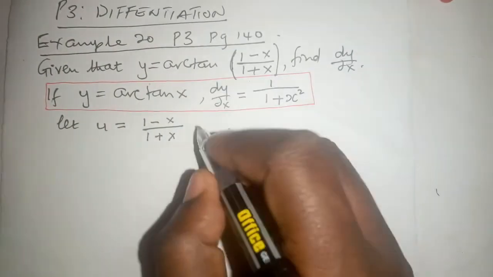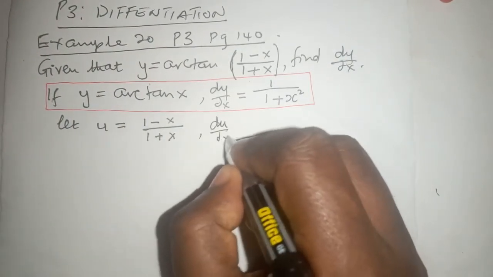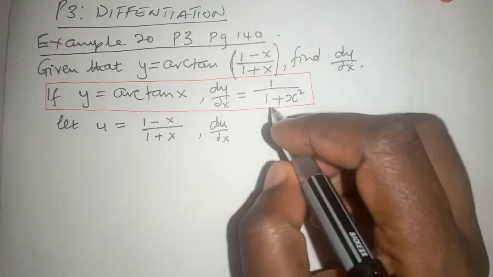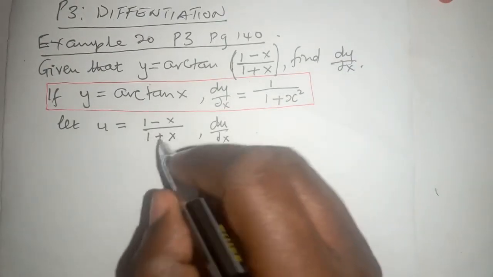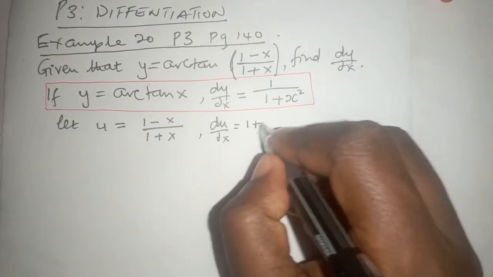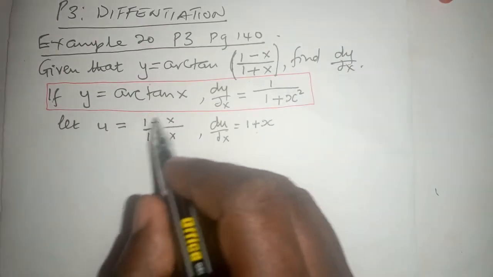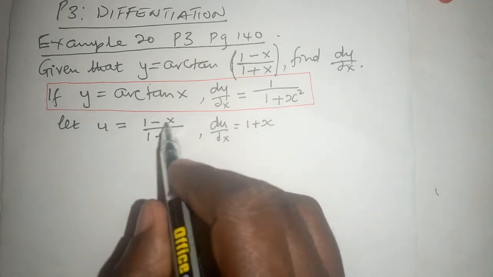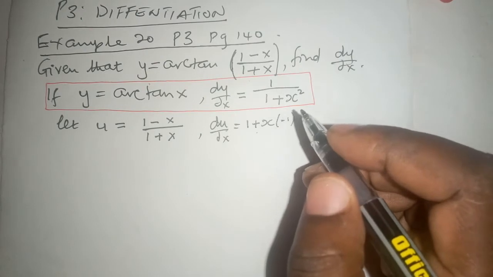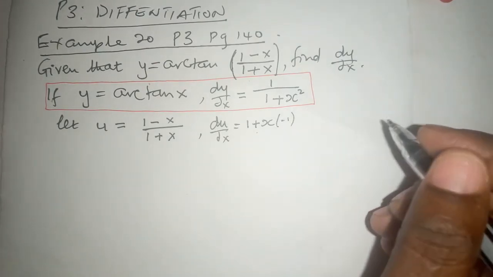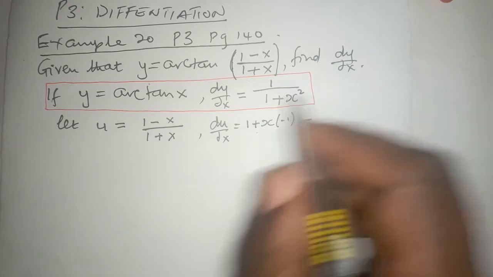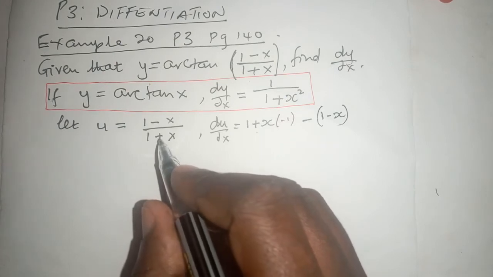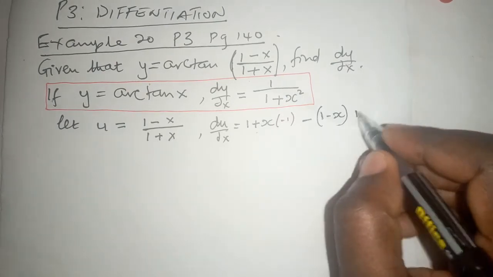We say that du/dx is going to be the denominator, which is v, which is 1 plus x, times the derivative of the numerator u, which is negative 1, minus the numerator, which is 1 minus x, multiplied by the derivative of the denominator, which is just 1.